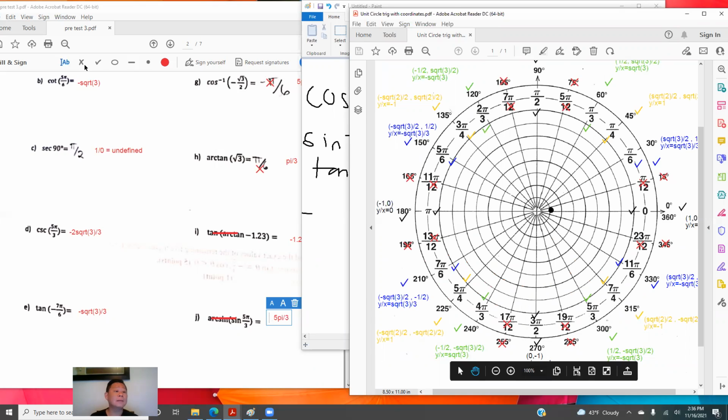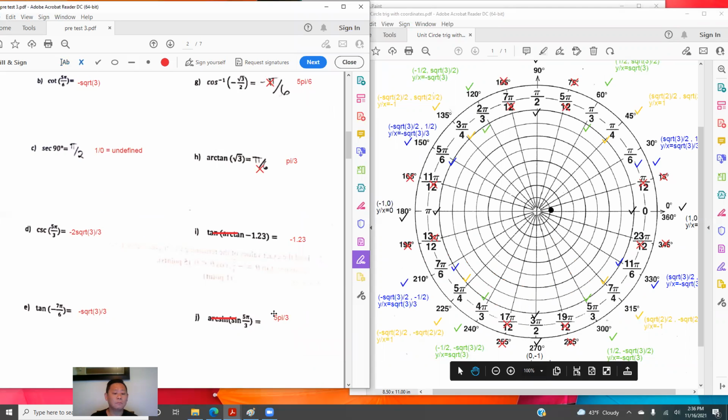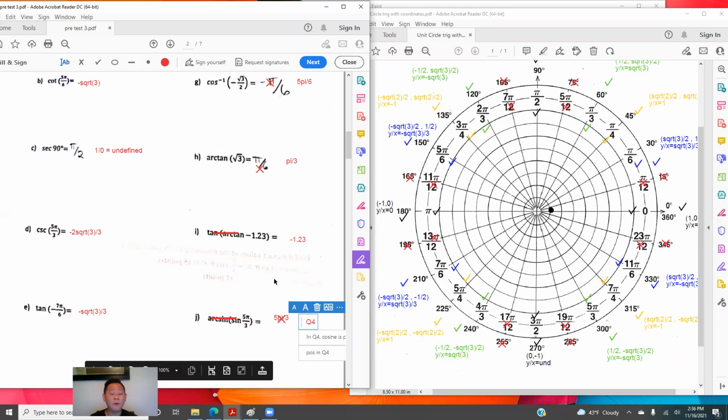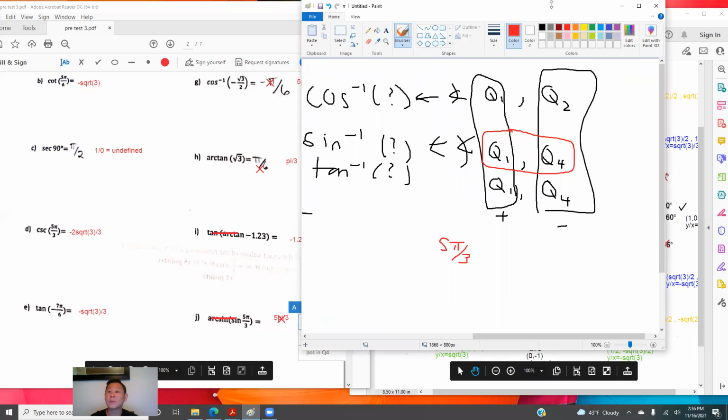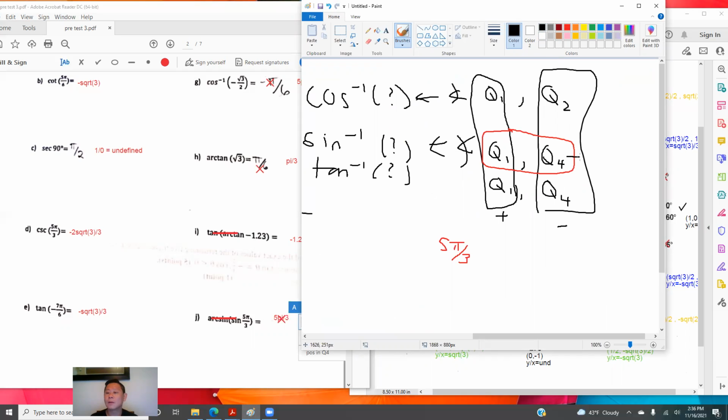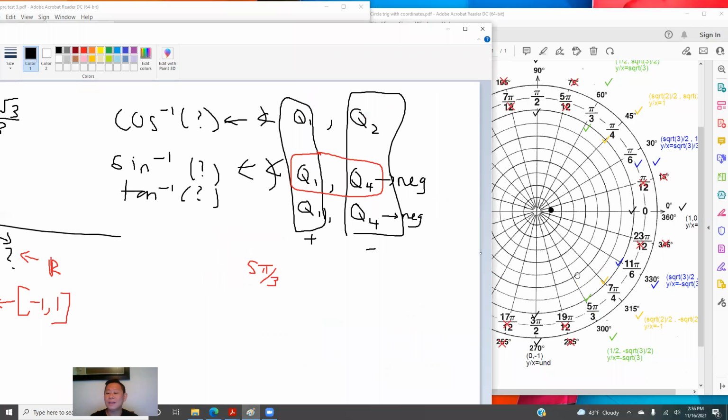Then why is this answer still wrong? We say, well, it's quadrant 1 and 4, right? This is in quadrant 4. So why is it still wrong? The reason this is wrong is because the answer has to be negative. So can you tell me what is 5 pi over 3 if you go clockwise?